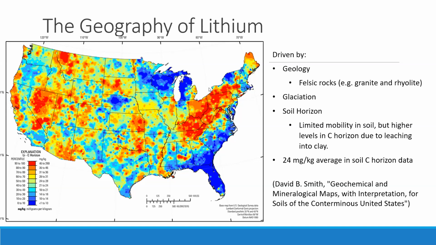Lithium differs across all of these, but it looks like the C soil horizon is the most consistent. As is pretty clear, you can see variation in lithium due just to the rock and geologic formations. Glaciation's pretty clear. I like this one in Wisconsin because it's very clear that the western side of Wisconsin, which they call the driftless region, which was not glaciated, is impacted very differently than the northern part of Wisconsin.